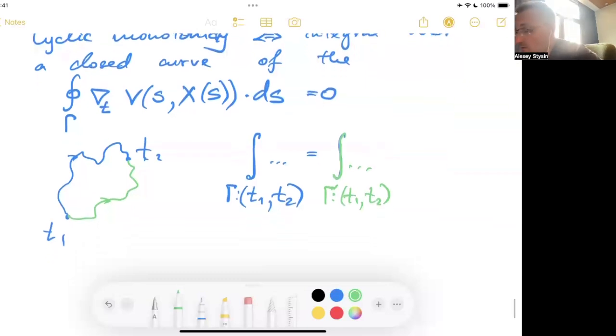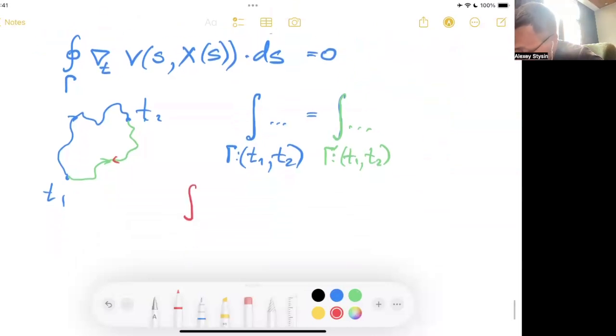How can we show this? Well, this is basically shown by saying that if we reverse this green curve to this direction and form a cycle using green and using blue and reversed green, we are going to end up having a closed curve integral going from t1 to t2 using blue, and then going back from t2 to t1 using reversed green.